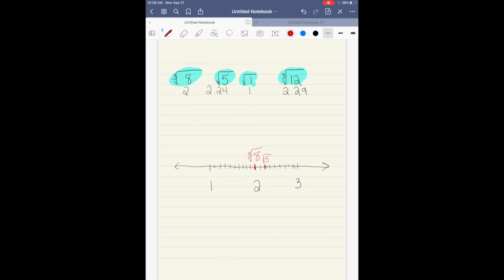Now our next answer is square root of 1, which is 1. We're going to mark that exactly at 1. And the last one is 2.29. So it's almost right on square root of 5. So we're actually going to mark that pretty close to 2.3. And then we're going to do the cube root of 12 underneath the number line just to make sure we have enough room.